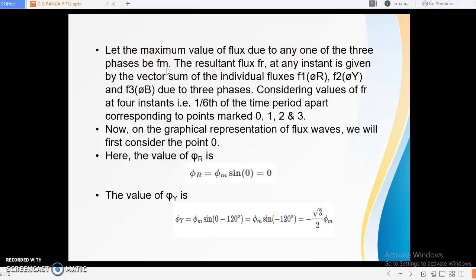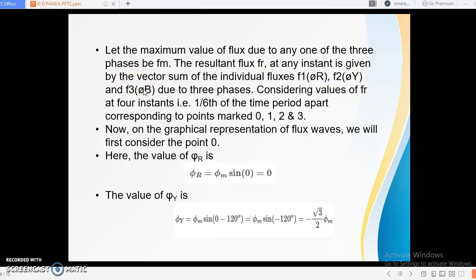We can either take Fm, we can also say phi m. The resultant flux Fr or phi r we can say at any instant is given by the vector sum of the individual fluxes phi r, phi y and phi b. Clear?